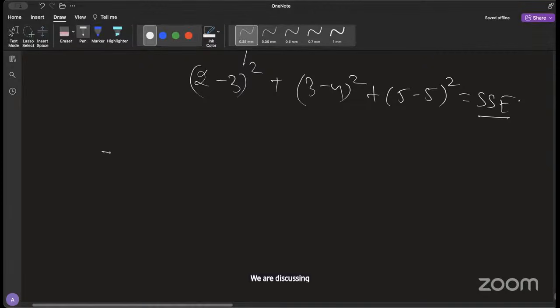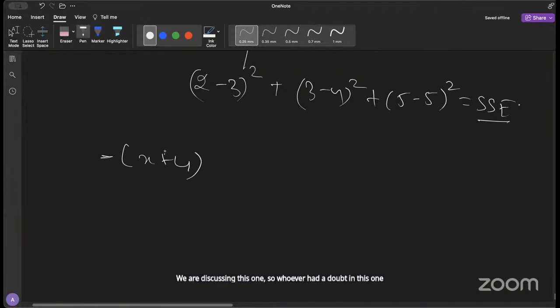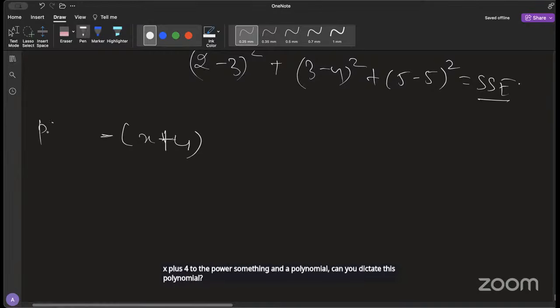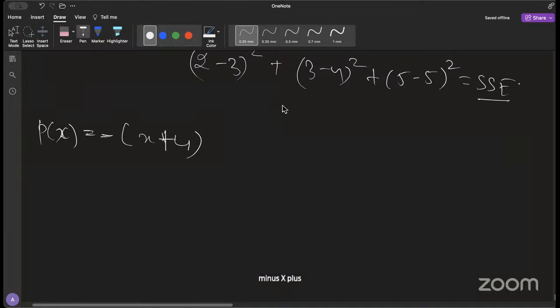We are discussing this one. Whoever had a doubt in this one, the polynomial with -x plus 4 to the power something, can you dictate this polynomial? -x plus 4 to the power 8, x minus 4 to the power 3, and x plus 12 to the power 5.